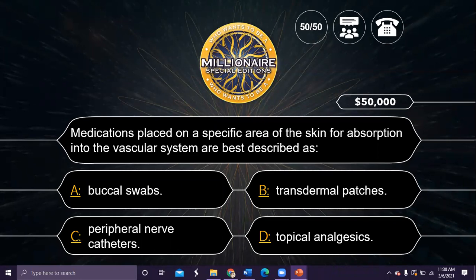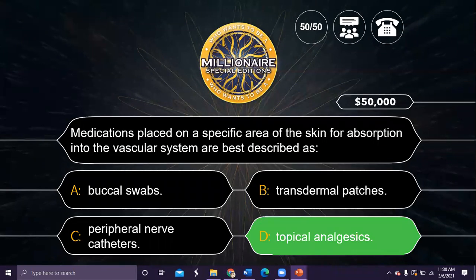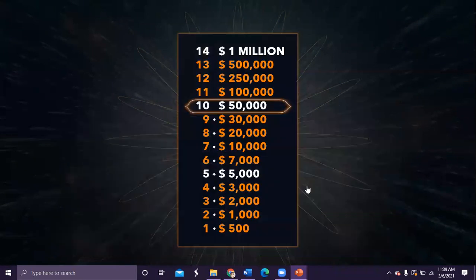Patches? I think it's topical analgesics because it says medications placed on the skin. That is correct. But I could see where transdermal patches would make you think. You've got to really read into these questions sometimes.